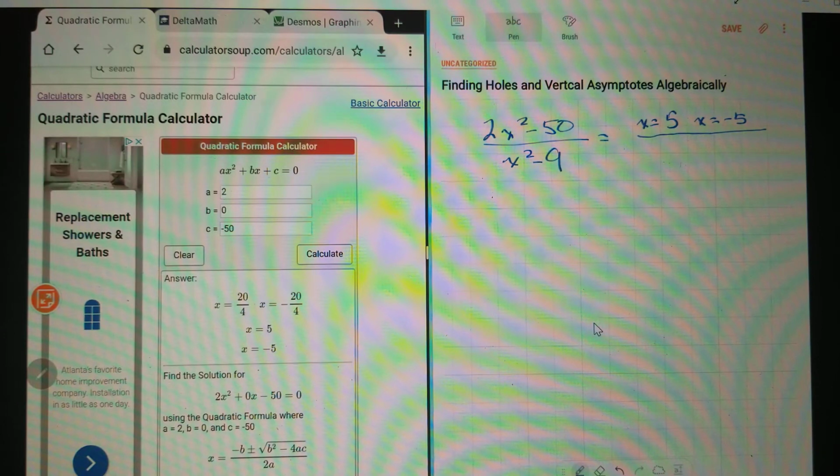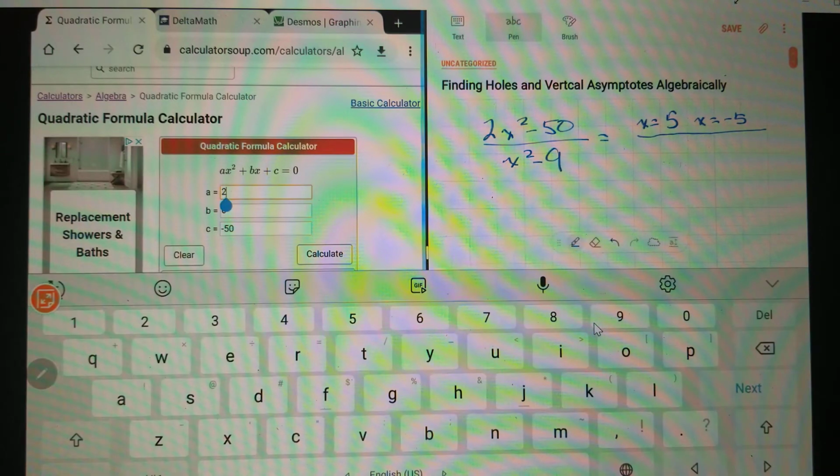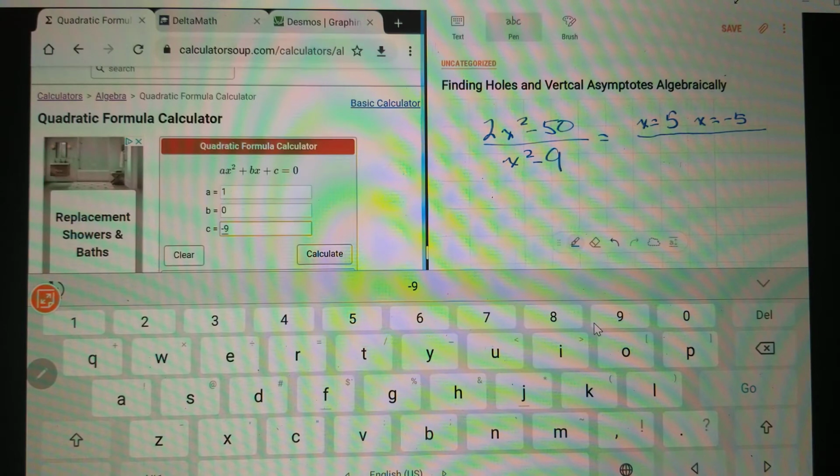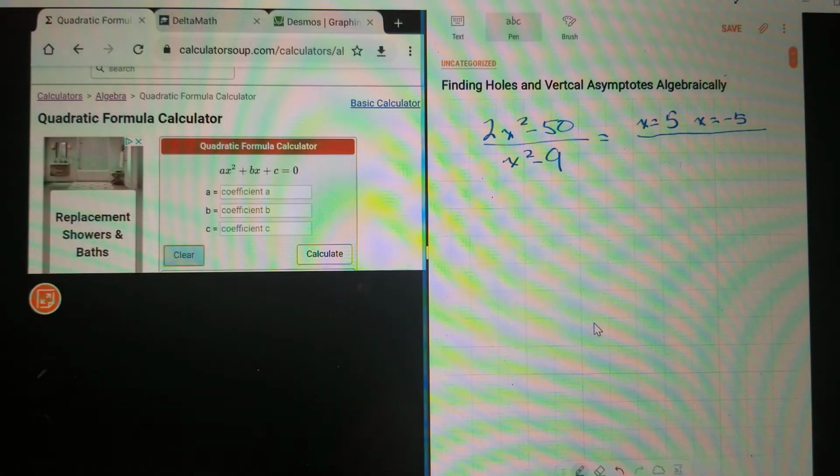All right, and I'm going to write those like they're a fraction, even though they're not really a fraction. Now we're going to do the same thing for the denominator. And that is going to give us a 1, a 0, and a negative 9. Oh, wrong button.